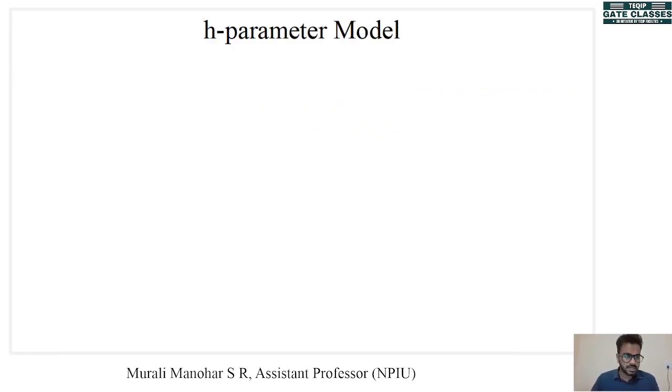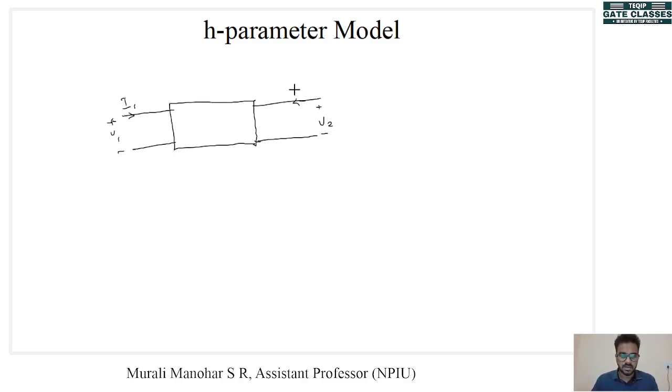You know that if this is a two-port network, here we have V1, current going in, which is I1. At this port, we have V2 and the current going in is I2. This is our two-port network.